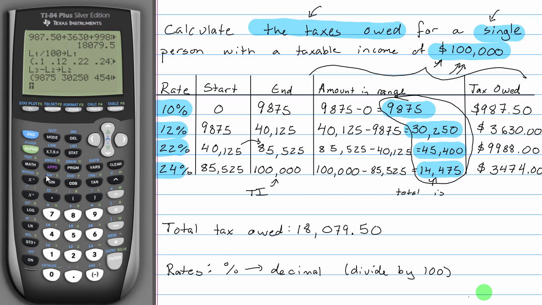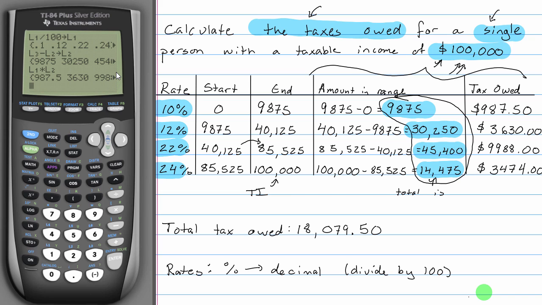So I want to take L1 times L2, and that gives me a list containing all of my different taxes owed amounts, right? I've got the 987.50, the 36.30, looks like the start of the 99.88.